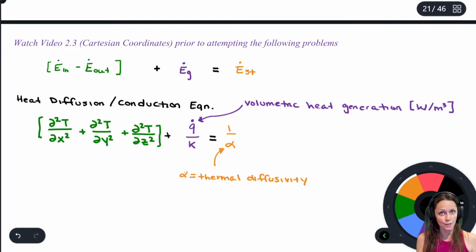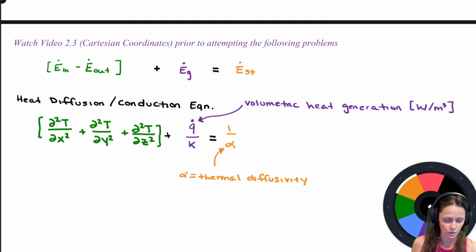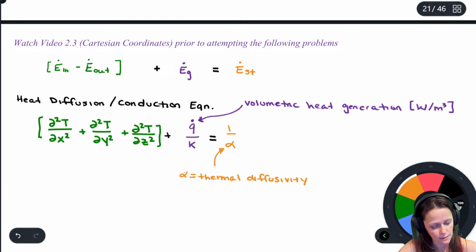Again, not related to the absorptivity, which we talked about when we talked about irradiation and the amount of radiation that's absorbed by the surface. This is defined as K over rho Cp.